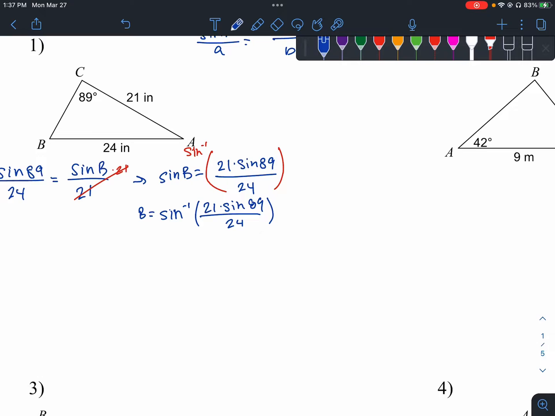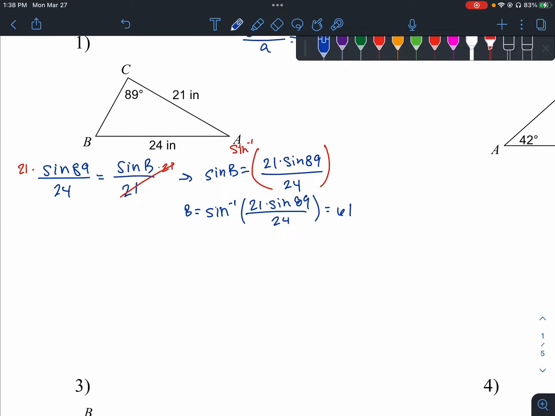Okay, in your calculator you can punch it in like that: sine negative 1 of 21 sine of 89 divided by 24, and I get 61.029, but we're rounding to the nearest tenth, so we'll just say 61.